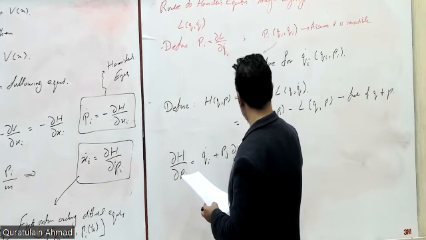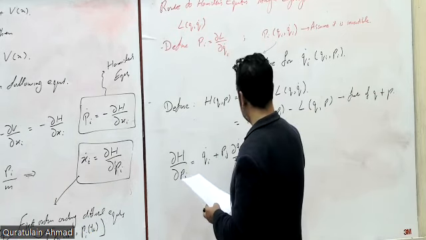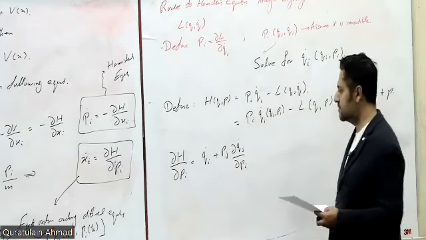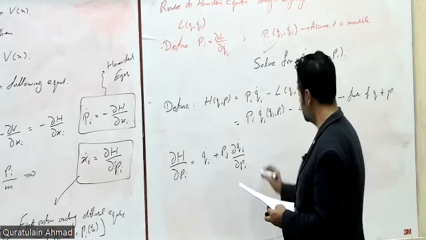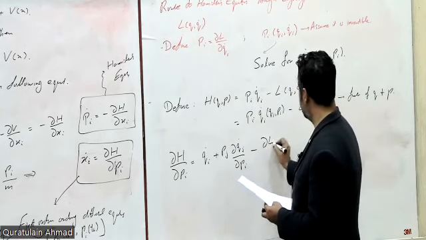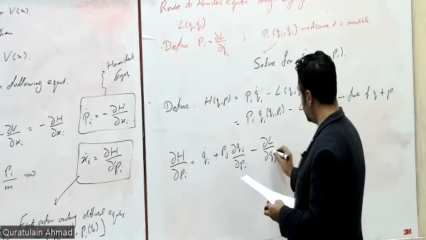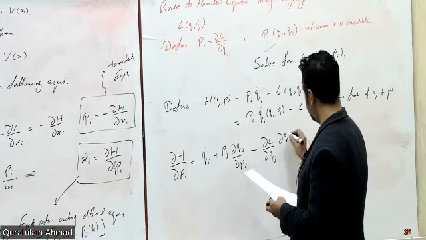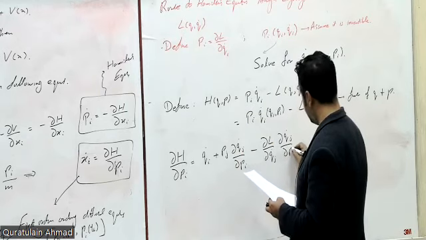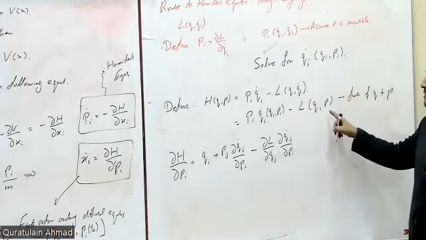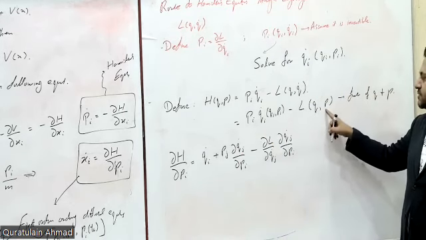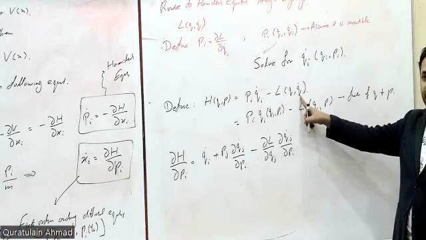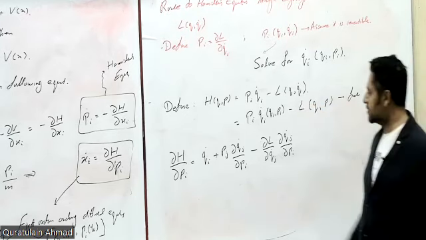p_j, I have to change the dummy index because it's a sum. Then I have ∂L/∂q̇_j times ∂q̇_j/∂p_i, because the dependence on p_i only enters through q̇. It's only q̇ which depends on p_i. But what is this?